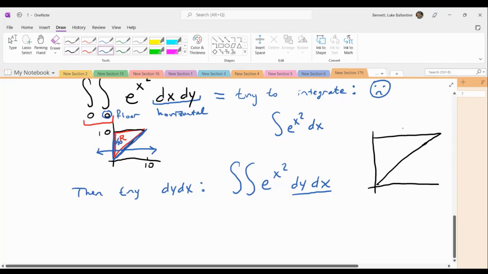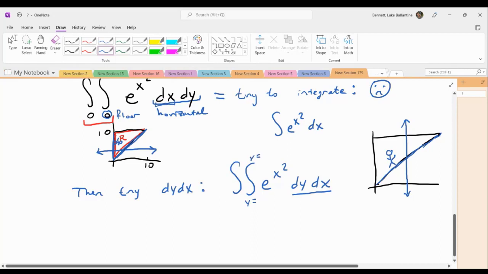So if I now do vertical cross sections, what is my floor for my dude if I draw him upright? Well, this is his floor. But we just invert the function, or we solve for the other variable. So this was dx. So like dx corresponds to x equals a, x equals b. And so this will be like y equals a and y equals b.